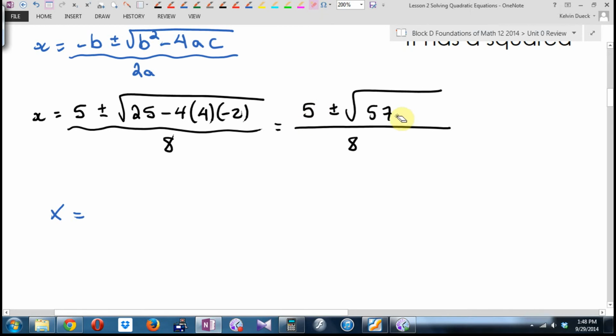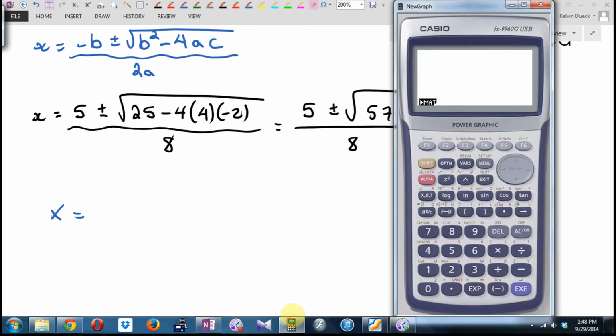Is there more than one number on the top? Yeah, I better put it in brackets. Is there more than one number on the bottom? If there was, I would put it in brackets. I'm going to go like this. Bracket 5 plus square root of 57. Close off the top. Divided by 8.